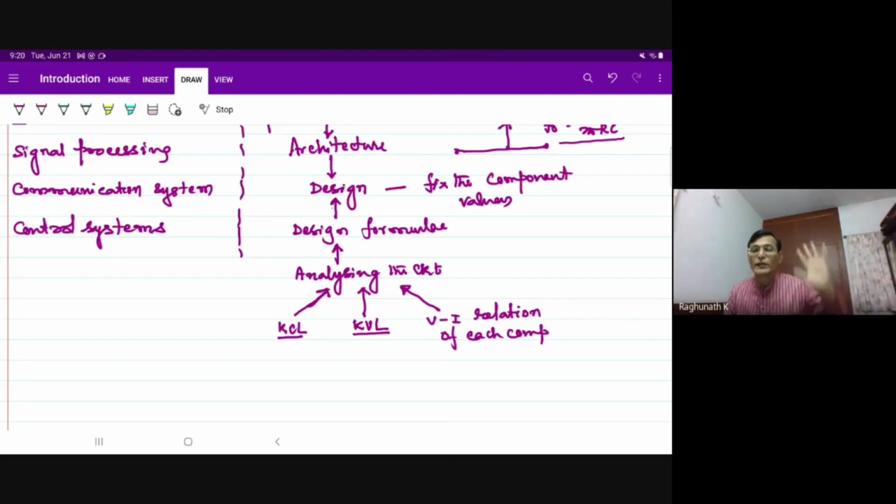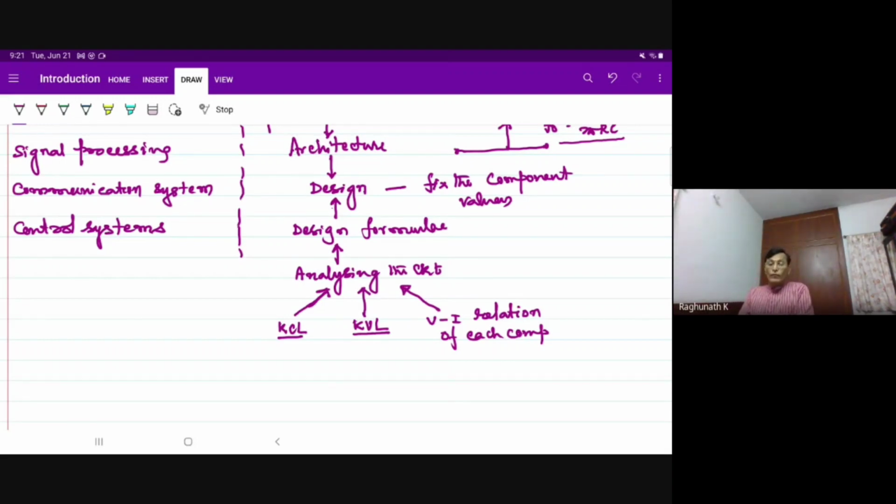Capacitor VI relation is what? Inductor VI relation is what? Diode VI relation is what? Transistor VI relation is what? That's what we have to talk about. There are many devices with two terminals only, because of which there is only one voltage and one current. There can be multi-terminal devices, because of which there are many voltages and many currents.